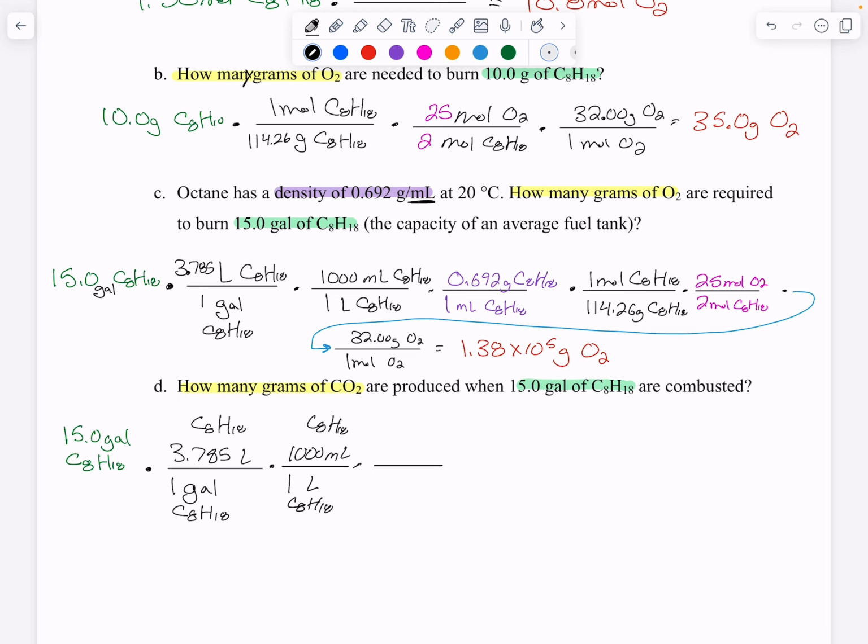And then we got, same color here, 1 milliliter of octane is 0.692 grams. And then what? We have 114.26 grams, 1 mole.